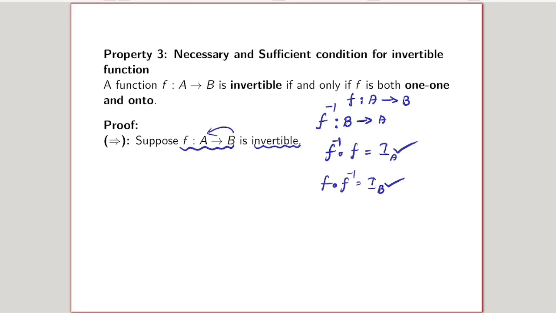So note that we can recall this by where we are multiplying this one. If we take the composition of f inverse with f, at first we'll put the identity on the domain of f. In the second place, we'll put the identity map on the codomain of f.